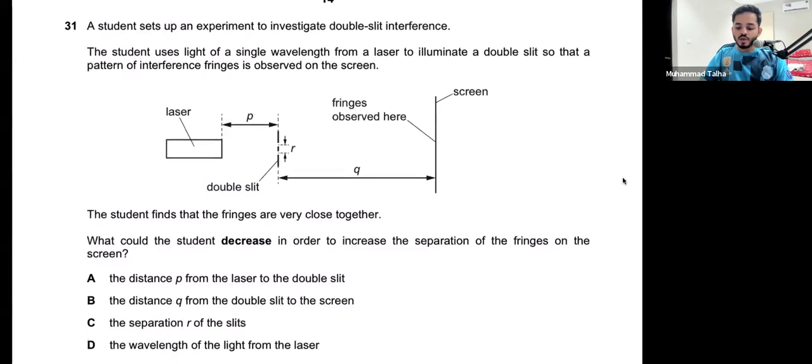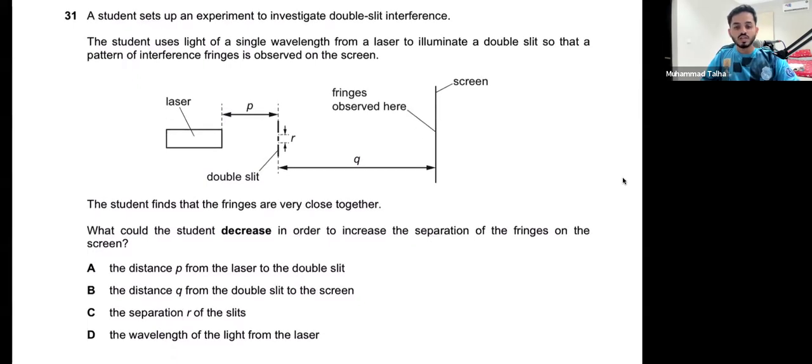31. A student sets up an experiment to investigate double slit interference. The student uses light of a single wavelength from a laser to illuminate a double slit, leading to interference. Student finds fringes are very close together. What could the student decrease in order to increase separation? So separation of the fringes is basically x.